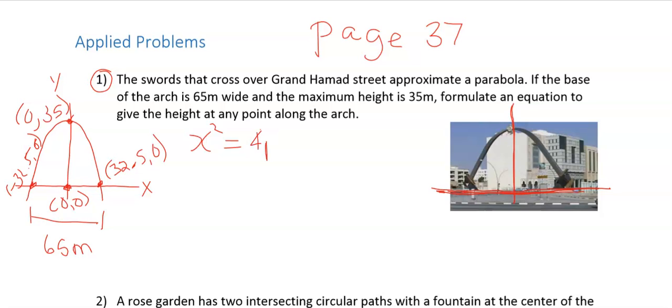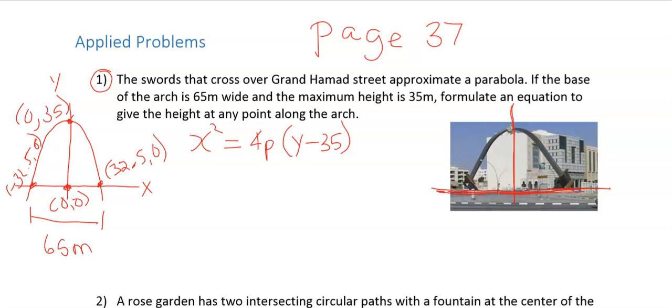We were calling it 4p, and you can still leave it 4p if you like, or you can just put a there. I don't think we're really going to find out p in this problem. And then the linear term is going to be y minus 35. Now you can clearly see you've got a lot of that equation already.